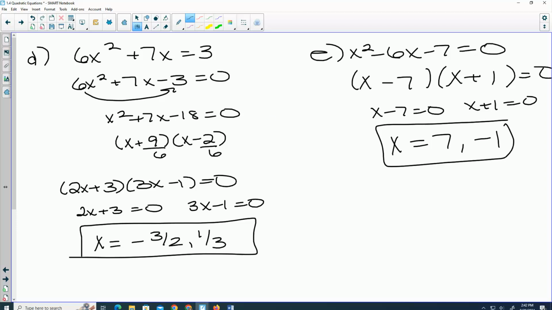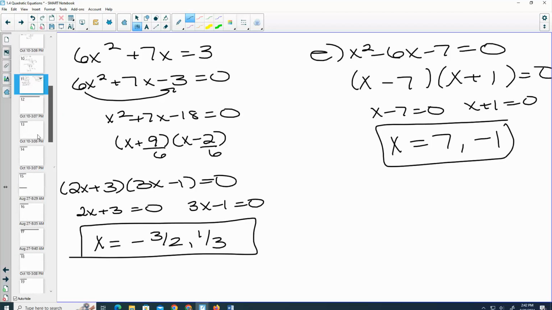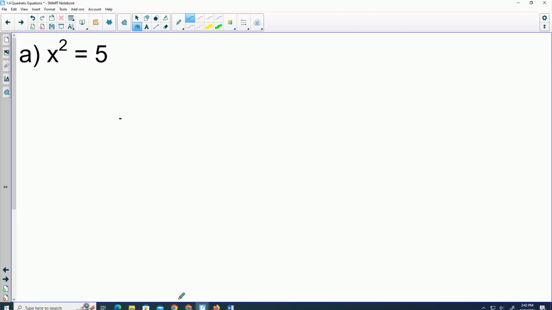Let's do just a couple final problems for today. And then we'll pick up with this stuff tomorrow. Let's say x squared equals 5.